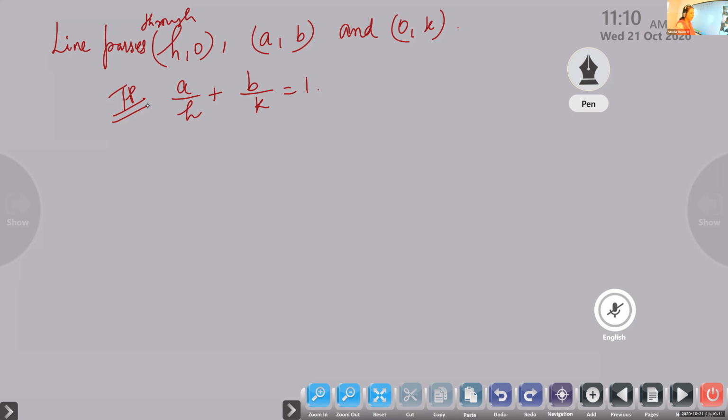So what is meant by collinear? Area is 0. They lie on the same line.